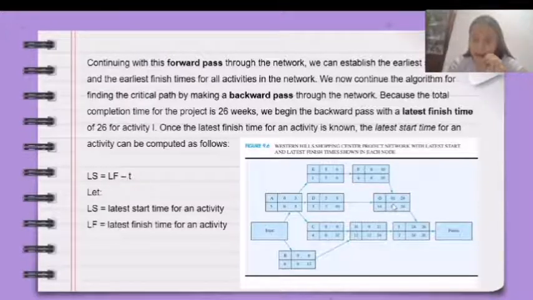And this will be the latest finish time for activity F minus activity time 4 equals a latest start time of 6 weeks, and so on. This is applied to all the paths in the network. Take note that in finding the latest start time, we must use this formula.